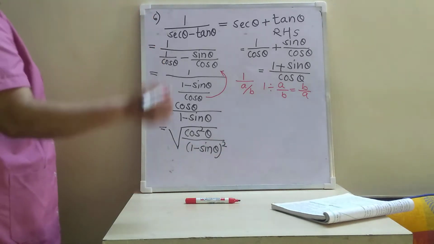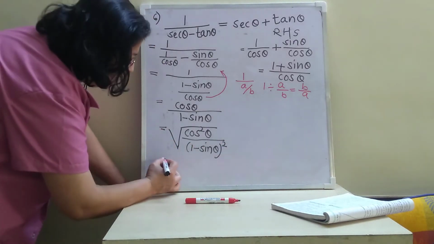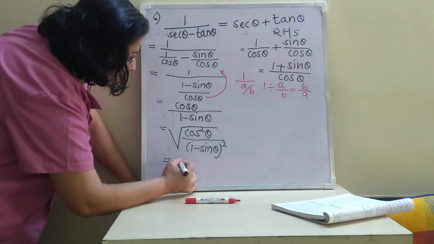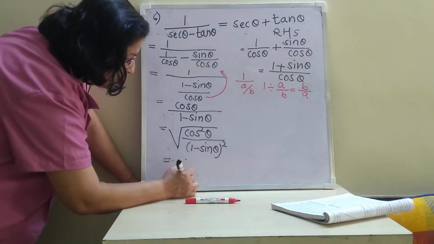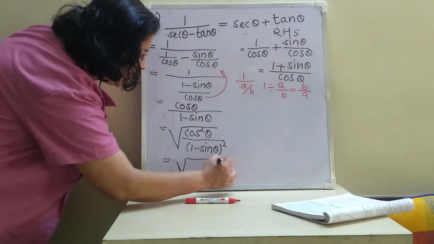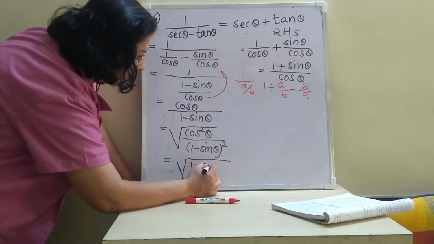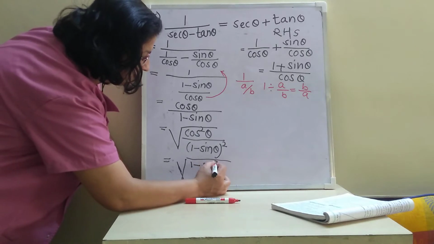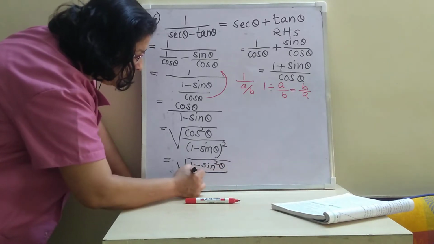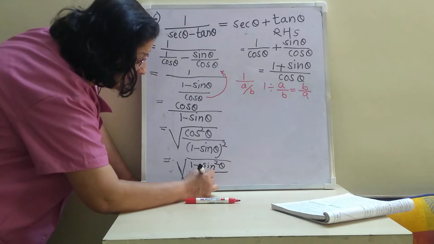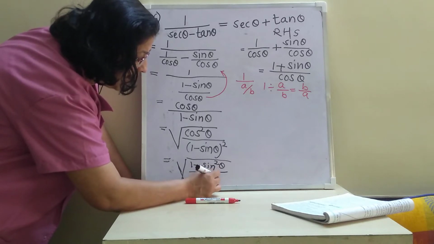Okay, now what is the next thing? Let us not open the bracket. I am simplifying further. Cos square theta will become 1 minus sin square theta. And down, 1 minus sin theta bracket square as it is.